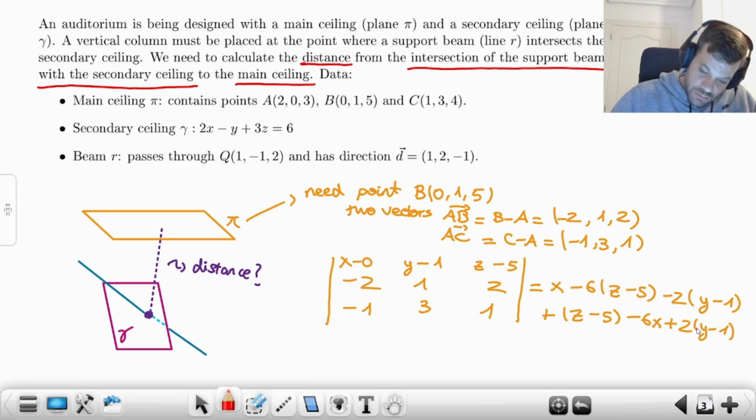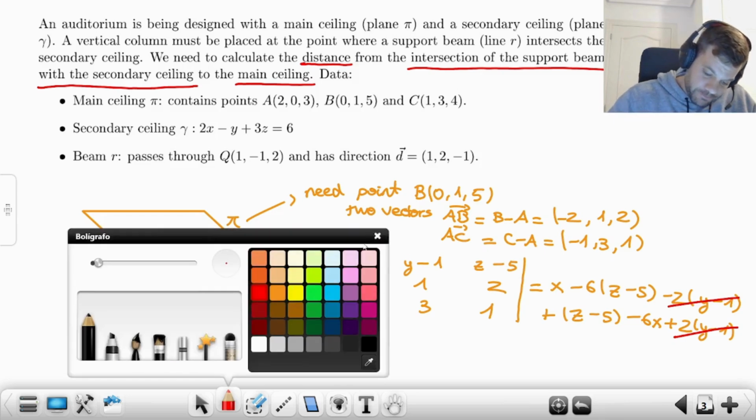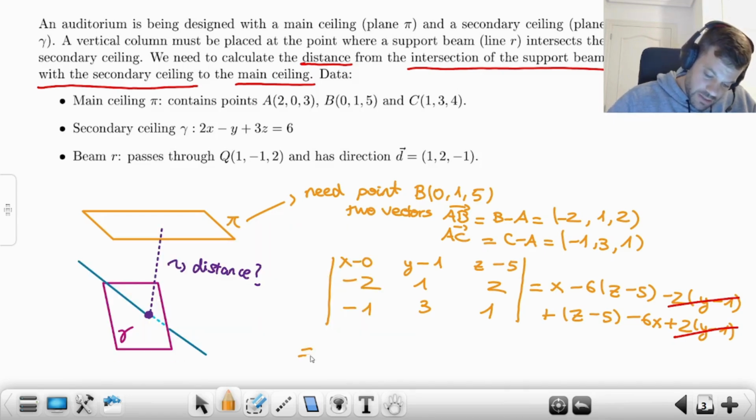Simplify: 2 times y minus 1 minus 2 times y minus 1 cancel out. And we obtain, concerning x, minus 6x, -5x, and then it's minus 6 times the bracket plus 1 bracket, it's minus 5 times the brackets. So it's minus 5x minus 5z plus 25. This is plane pi.